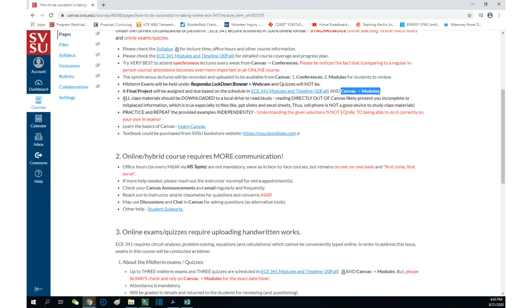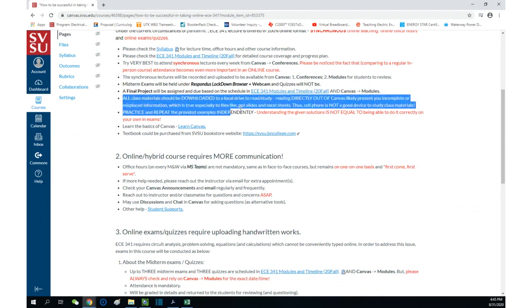And here is a tip. Your cell phone sometimes cannot completely or correctly open some of the files from the Canvas. So do not rely on your cell phone to watch or even study the materials.